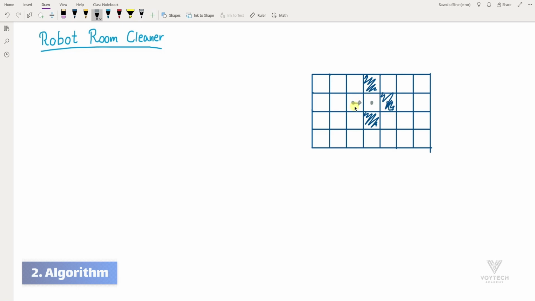Although it's not an actual obstacle, it should treat this cell like an obstacle. So when it is analyzing the path around itself, it should say, okay, I cannot go there because it's an obstacle too. But the difference is we can backtrack to visited cells.